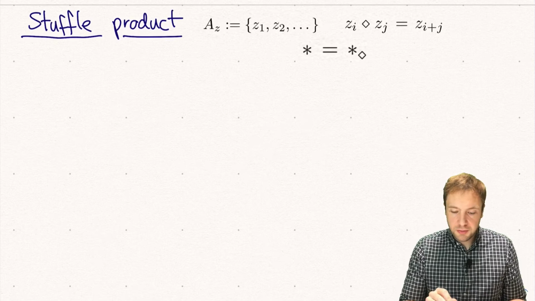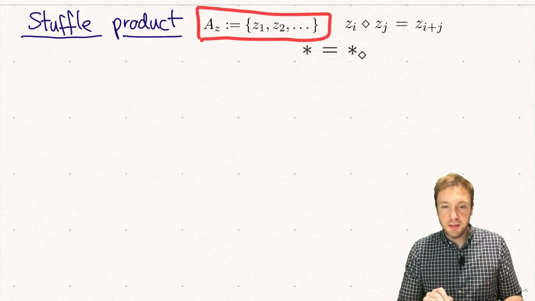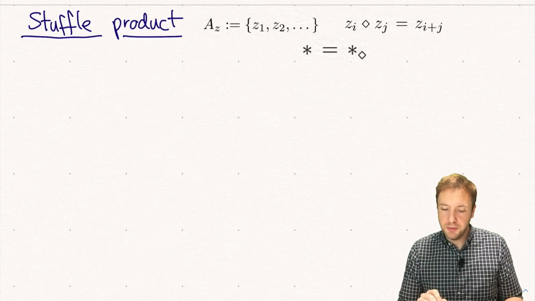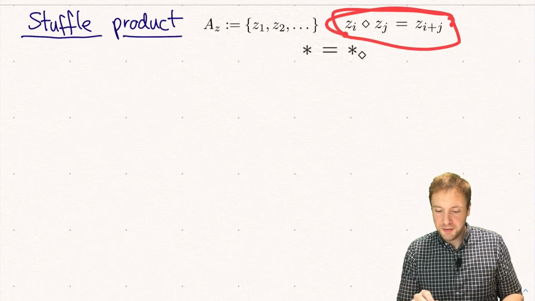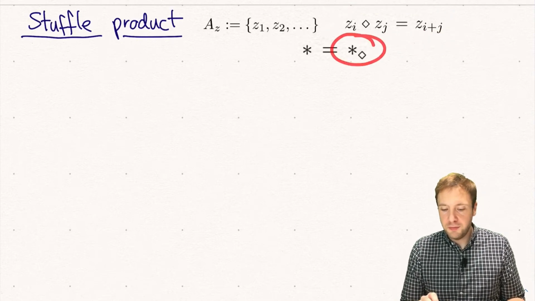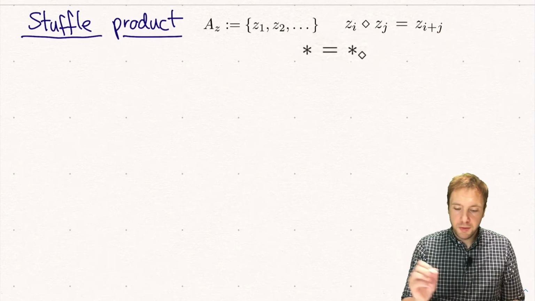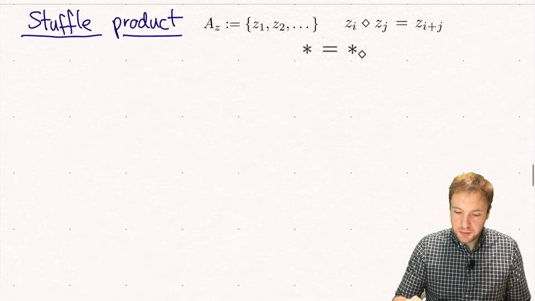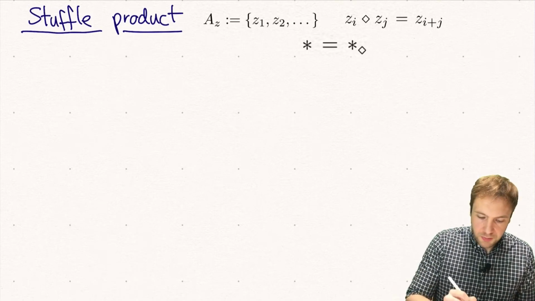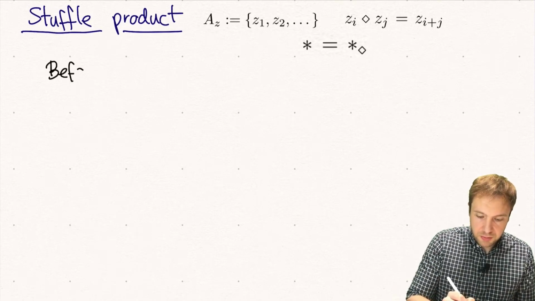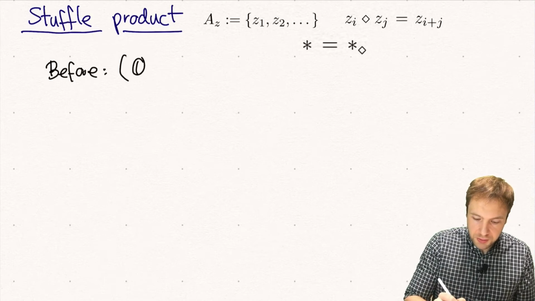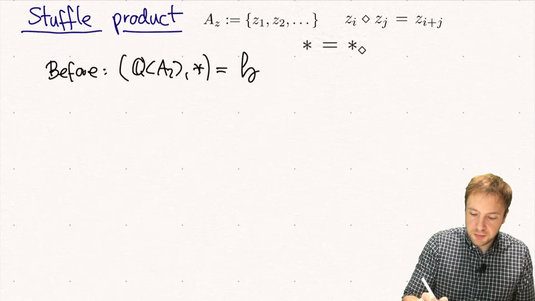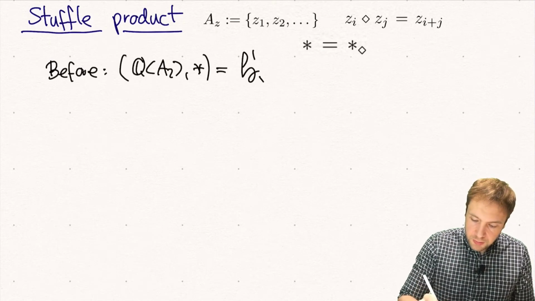So again we take the alphabet AZ, Z1, Z2 and so on. The diamond we already saw a few times today is given by this. And then this quasi-shuffle product we just denote by this. So again we had this example here, that this is basically just H1 with the Schaffer product.